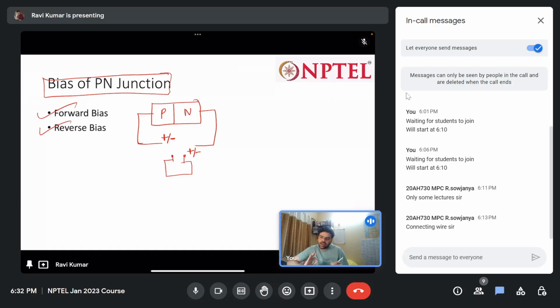So how is it forward biased? The P terminal is connected to plus and the N terminal connected to minus. Yes, this is the forward bias. And for reverse bias, just the opposite: here negative and here positive.